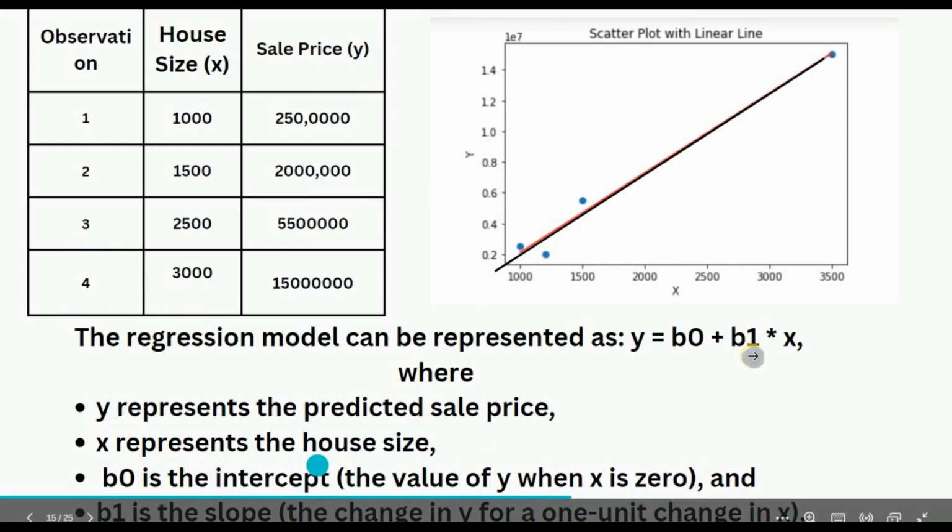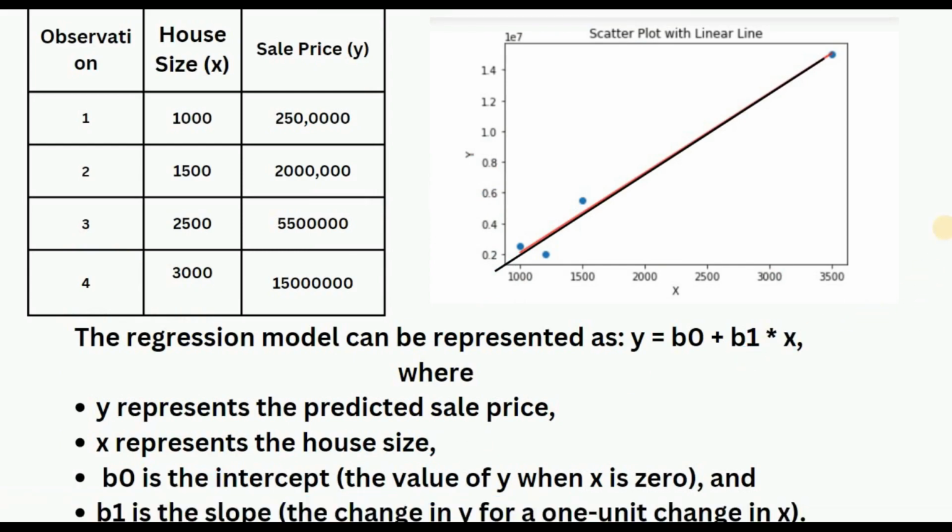Beta 0 is the intercept value of Y when X is 0, and beta 1 is the slope, like what is the difference here, like 1000, then 1500, 2000. So the difference between those will be there, and X is the value. Then we can predict the value of Y. This way we can do simple linear regression.